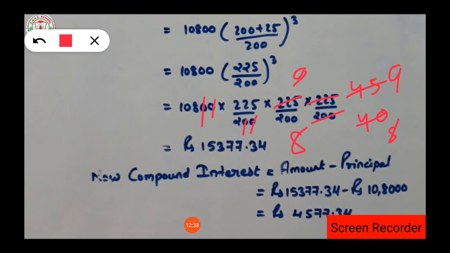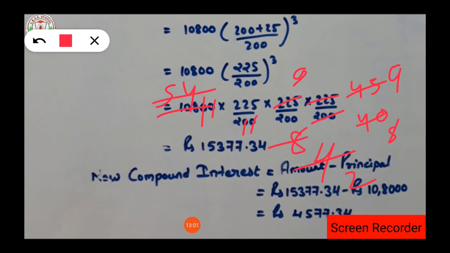Now 8, what is the number left out now? 108 into 225 into 9 by 8 into 9 by 8. So can this 8 get cancelled by the table of 2, how many times? 2 times. And this 108 will get cancelled in the table of 2 how many times? That will get cancelled by 5 and 4. Again we can cancel by the table of 2.